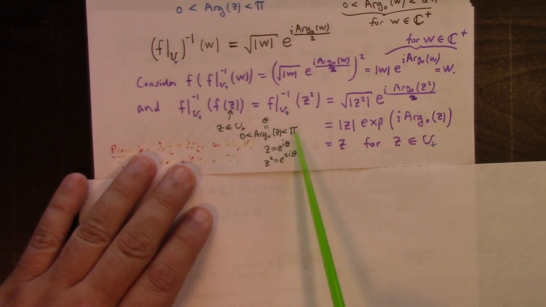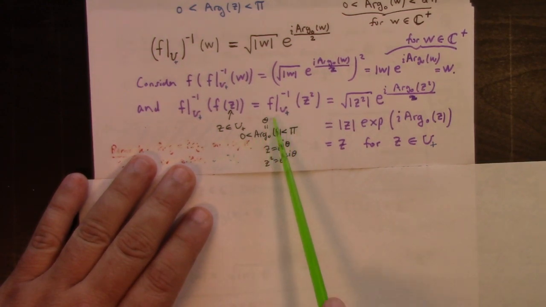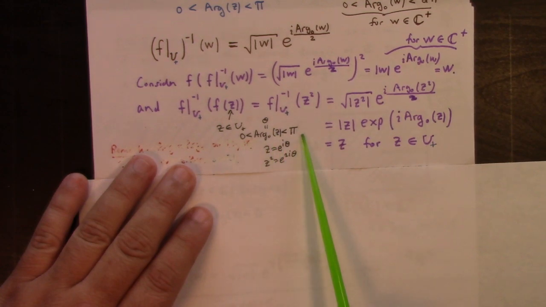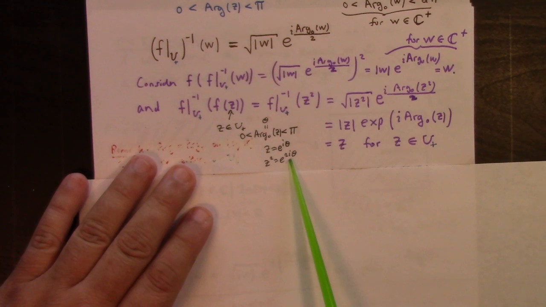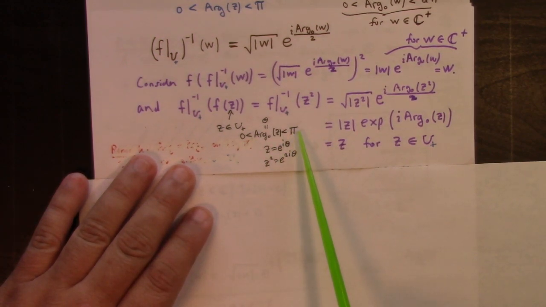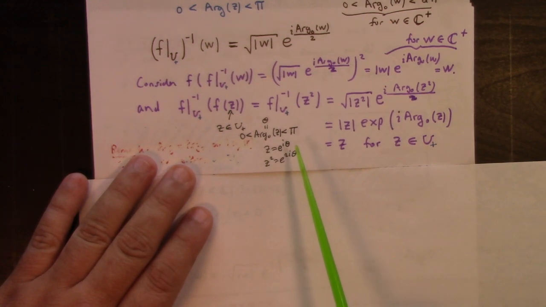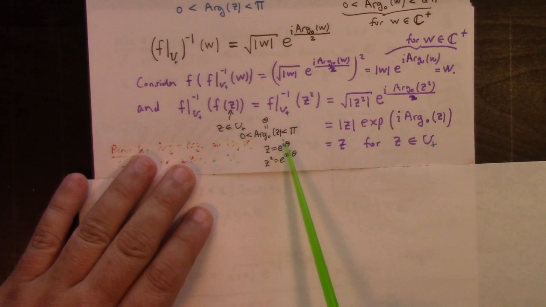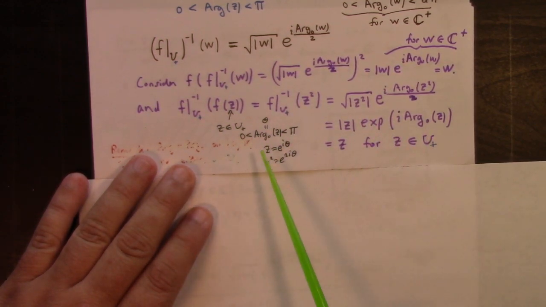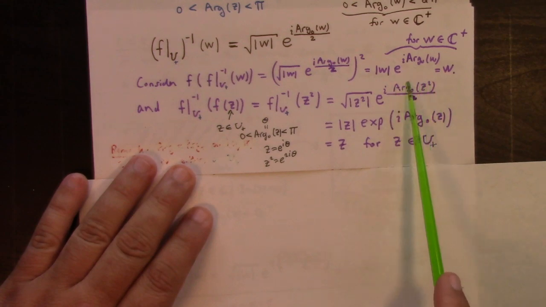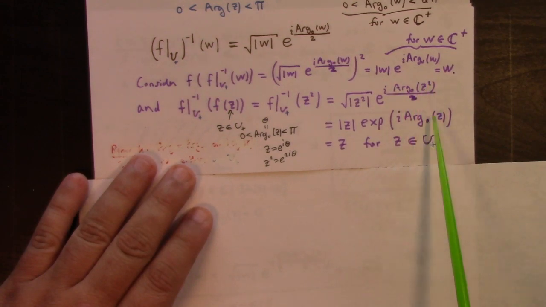But 2 times theta is ranging from 0 to 2 pi, right? And if we calculated the principal argument of z squared, we wouldn't get 0 to 2 pi. We would get 0 to pi and then also 0 to minus pi, and that would mess up this calculation. So it's kind of subtle, but it's important that we use arg naught for this calculation to make sense.